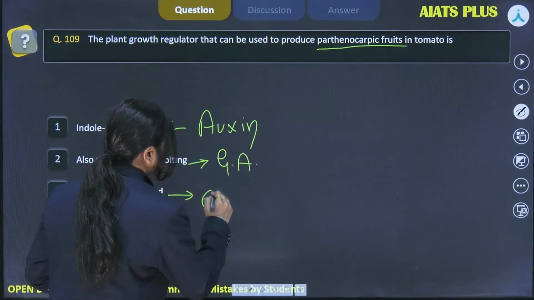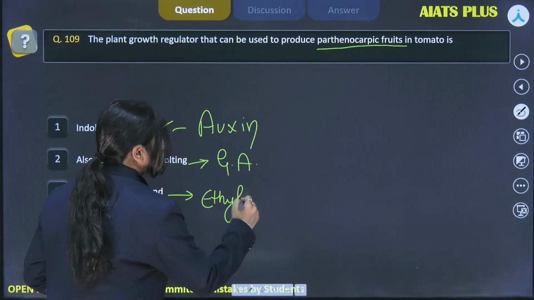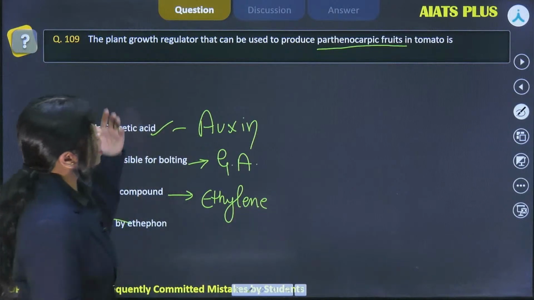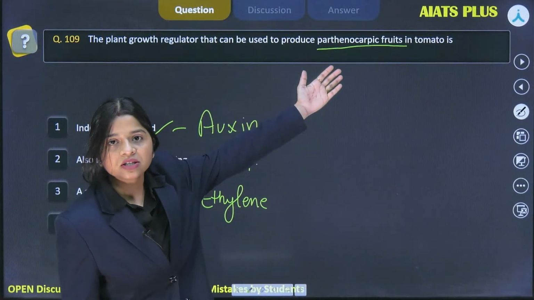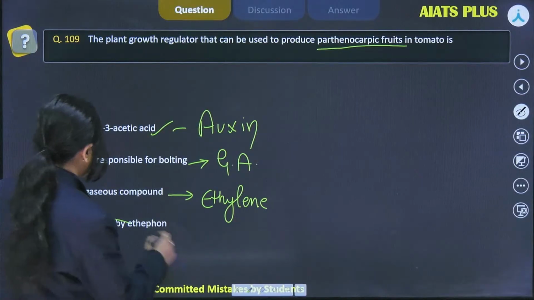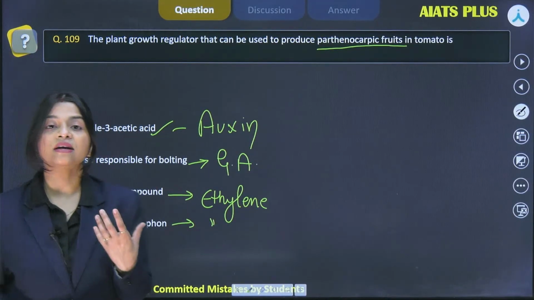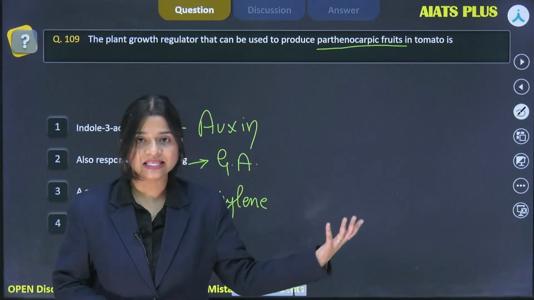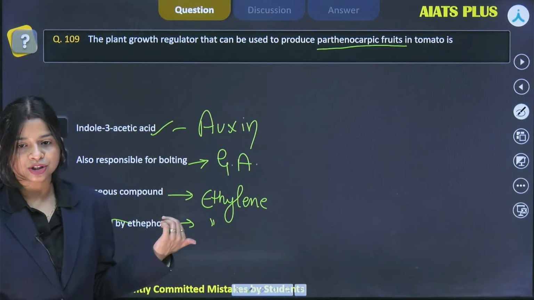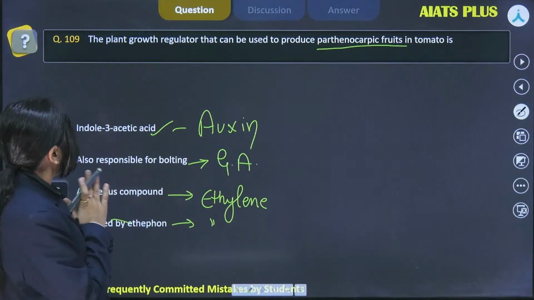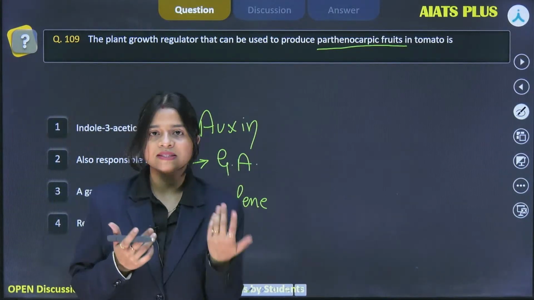So this is ethylene, and it is not responsible for producing parthenocarpic fruits in tomato, right. And the other one is released by ethephon, that is again ethylene. Ethephon is a compound from which ethylene is released. So again that is not true. Now auxin, here we have auxin, that is the correct answer.